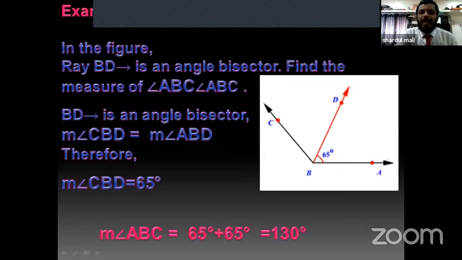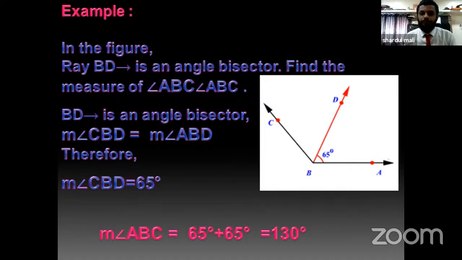Therefore, we can say that the measurement of angle DBC is 65 degrees. The measurement of angle ABC is equal to 65 degrees plus 65 degrees, which is equal to 130 degrees. It means that the measurement of angle ABC is equal to 130 degrees.